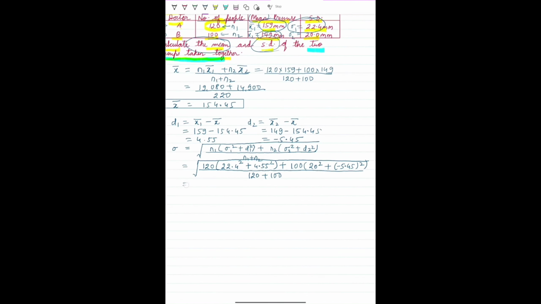Now let us simplify the values. This is 120 times 501.76 plus 20.70 after rounding off to two decimals, plus 100 times 400 plus 29.70, divided by 220.